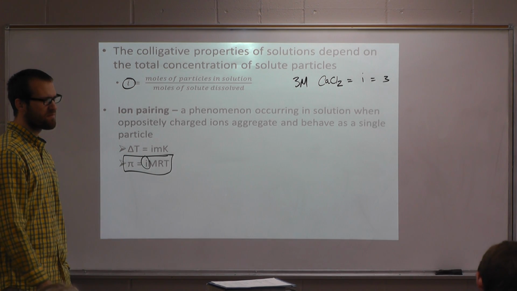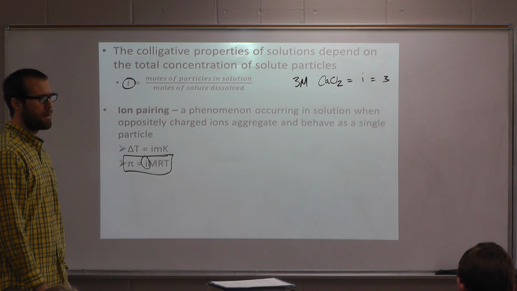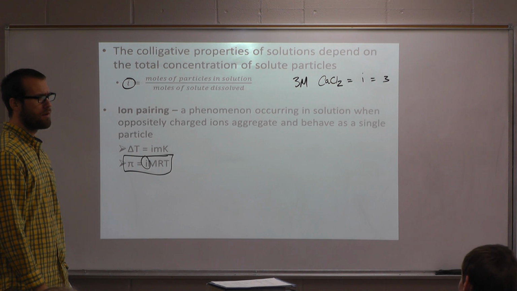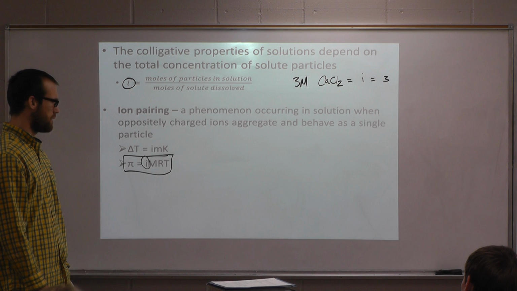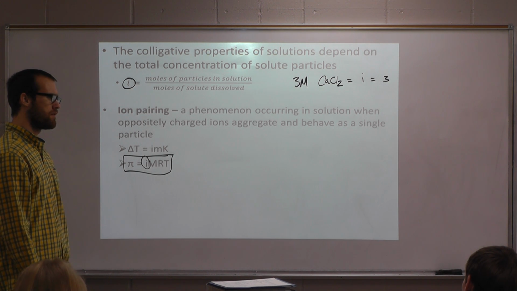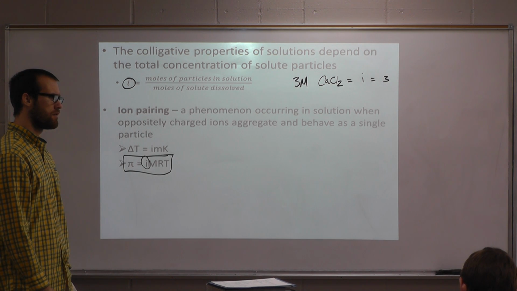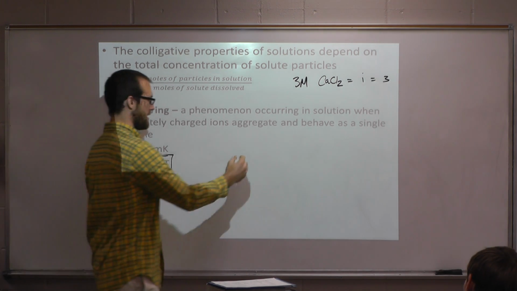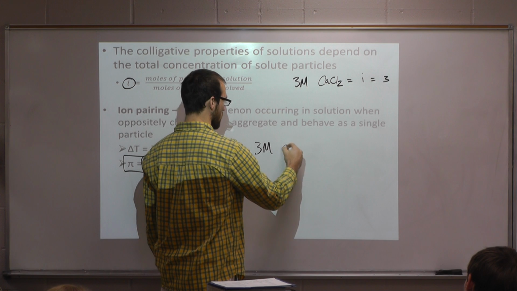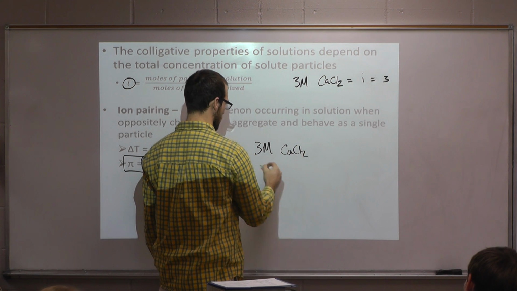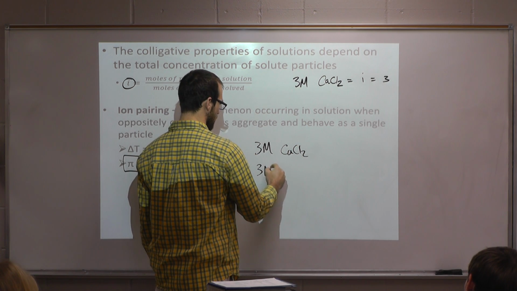So at the same molality, if it broke up into more, it would have a higher osmotic pressure? Yeah. At the same molality, would it have higher osmotic pressure if it breaks up into 3 instead of 2? Like if I had a 3 molar calcium chloride versus a 3 molar sodium chloride?